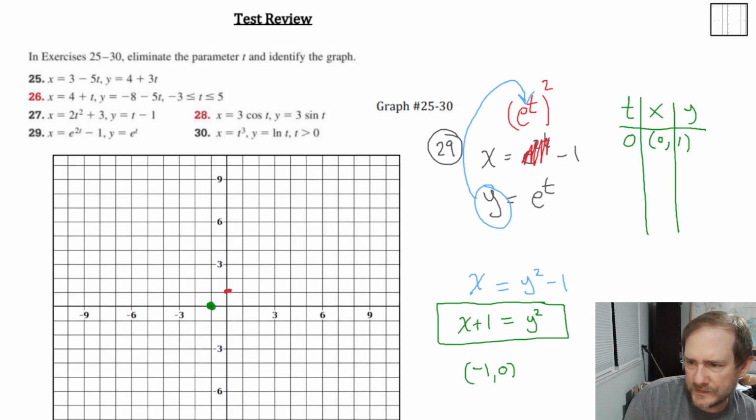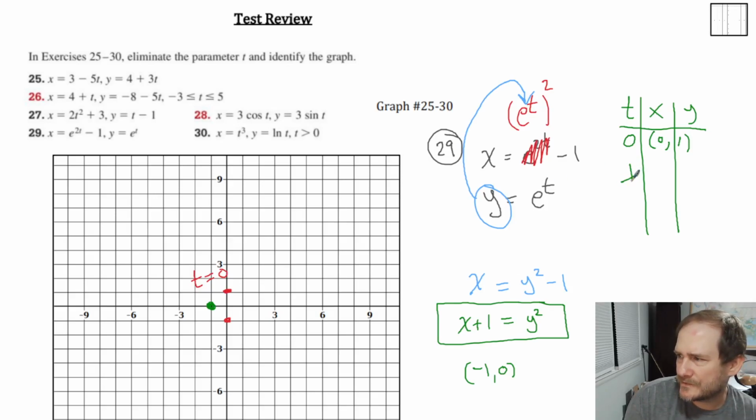So notice that our vertex this time definitely is not the point that's associated with a t of 0. t equals 0, for whatever reason, is this point. And now that I have that point, I could just bounce it down. Again, just using the symmetry of a parabola that opens to the right, I can just bounce all these points. So that's 2. I could let x be 1, but that's going to give me e squared minus 1. I don't feel like messing with an e squared minus 1.